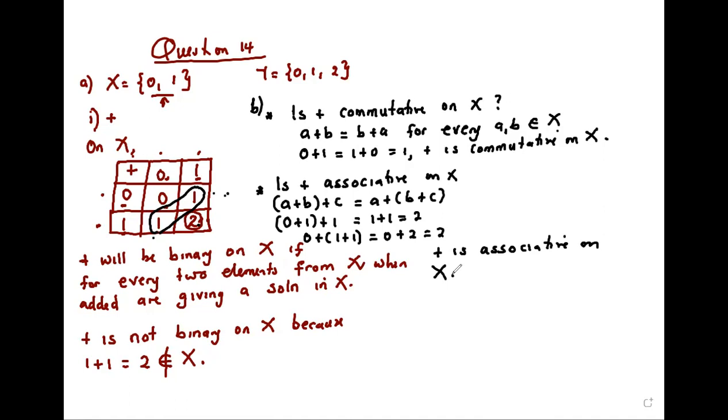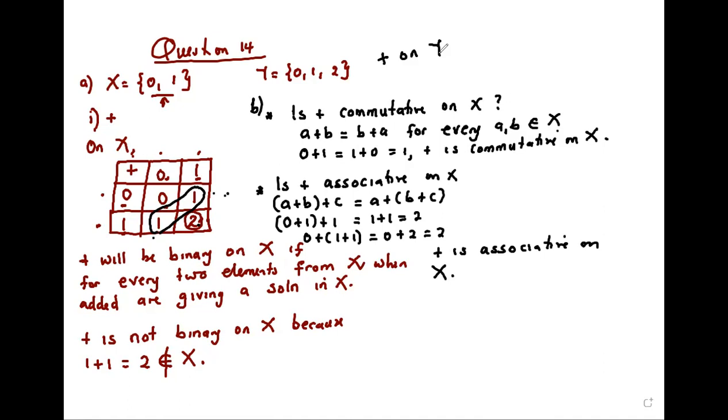Okay, so we have exhausted plus on X. The task I give you is to exhaust plus on Y. Most of the conclusions will be the same, in fact all of them. But now I want you to make the table and then do the checking throughout like this.